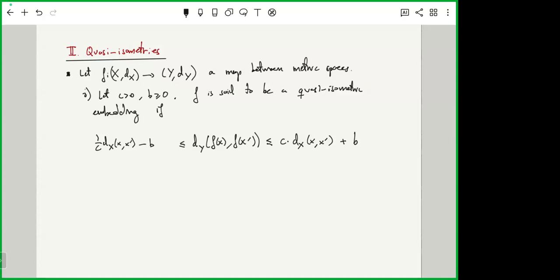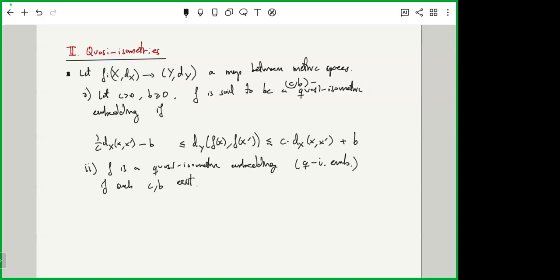So this is a (C, B) quasi-isometric embedding, and then F is a quasi-isometric embedding, and I will just write QI embedding, if such C and B exist. So if it is a (C, B) quasi-isometric embedding for big enough constants C and B.